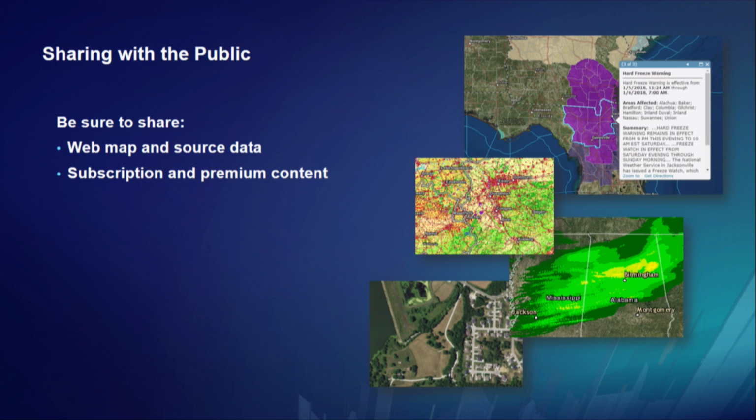So as with your web map and other source data that's in your application, make sure that we're setting up the right proxies to pass through credentials for the subscription and premium content.